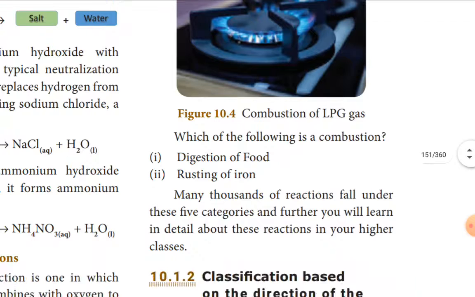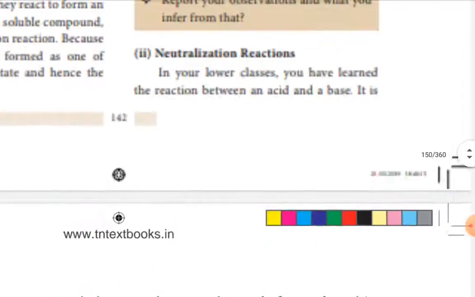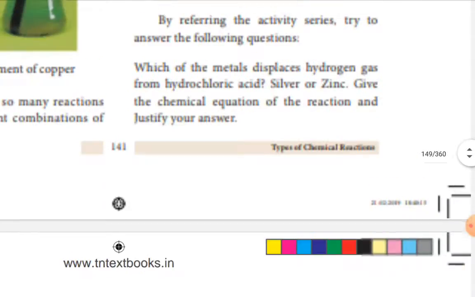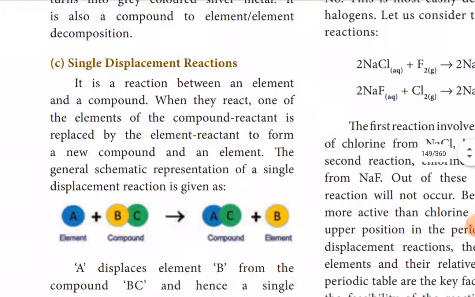Then many thousands of reactions fall under these 5 categories, and further you will learn in detail about the reactions in your higher classes. So my dear students, you have learned up to this the classification based on the direction of the reaction. We will see it in the next class. You have learned in this session single displacement reaction, a reaction between an element and a compound.